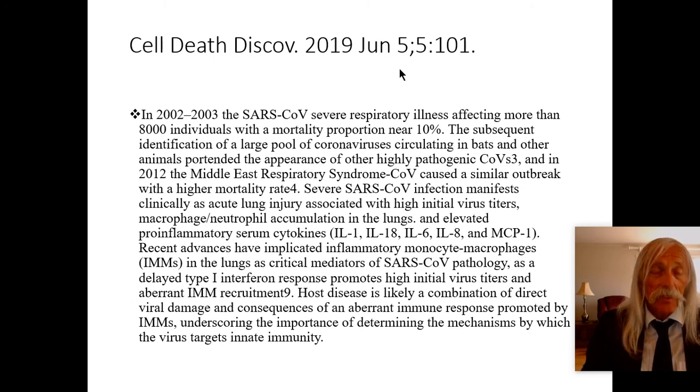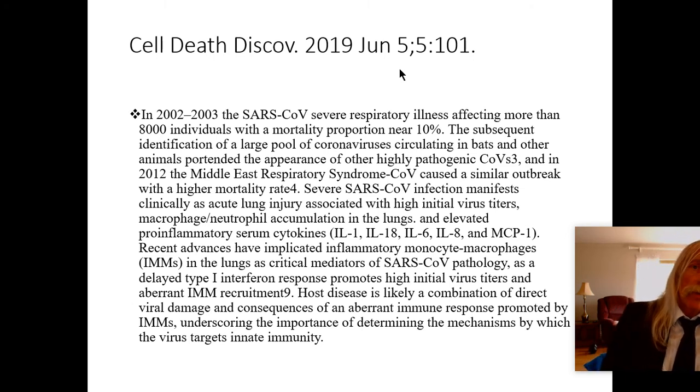We talked about this way back in January, February when I was doing a lot of coronavirus lectures. Go back and listen to those. In the lungs as critical mediators of the pathology. So a superabundance of IMMs is part of the morbidity and mortality of the MERS virus, and before that the SARS. Okay, and presumably also this current one.